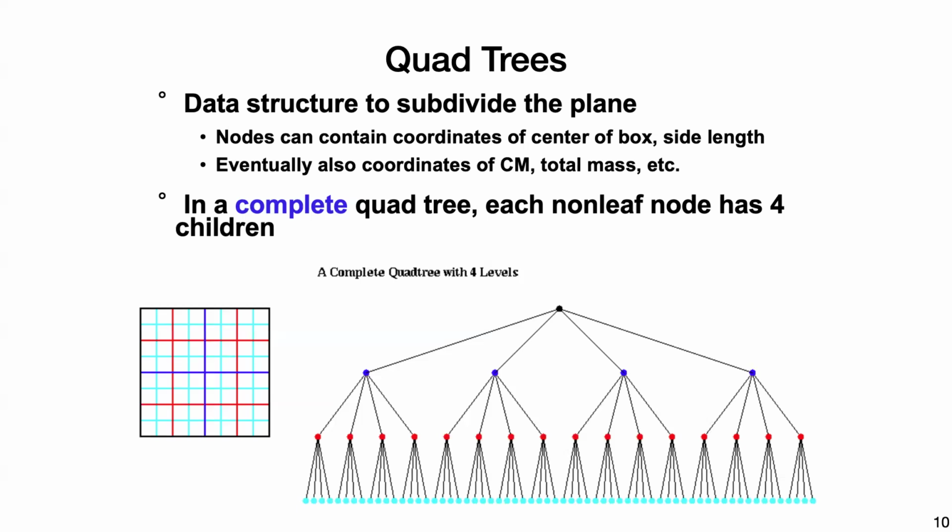At the higher levels, this is an optimization: you can just aggregate the lower level information to compute the center of mass and total mass for the higher nodes. And yes, in the beginning, let's just assume that the points are uniformly distributed in the 2D grid, which makes it easier because then we can assume that the quadtree is complete.